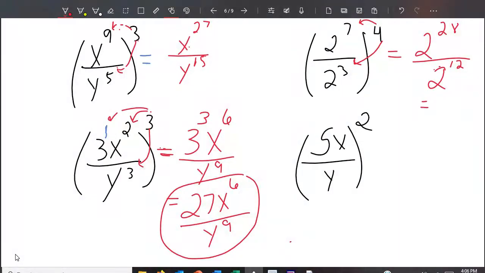Now, these have the same base, so we can use the rule for subtracting the exponents, and we'll get 2 to the 16th. So I was able to do 2 different things here. Multiply the exponents by 4, then subtract them because the bases were exactly the same. Same base.